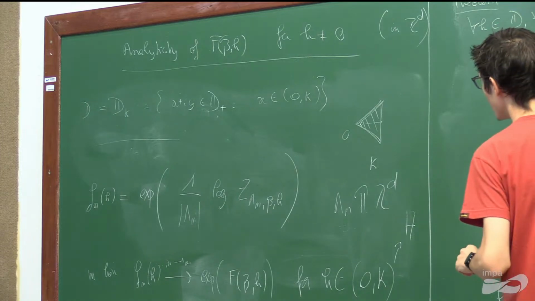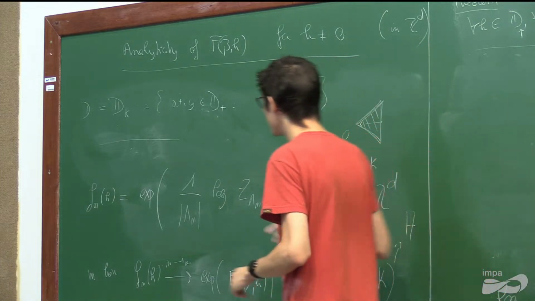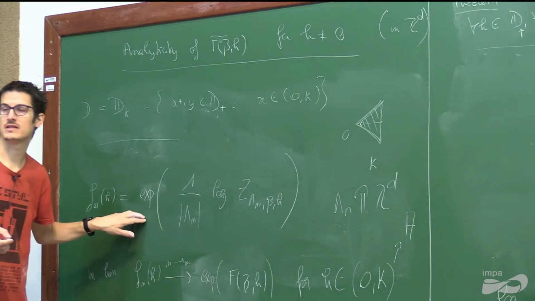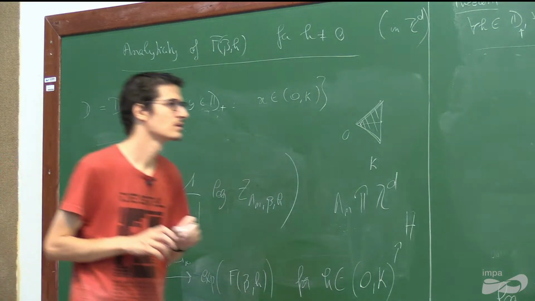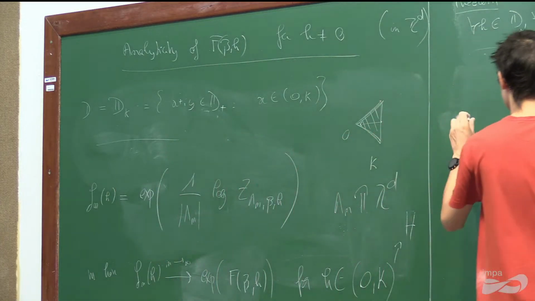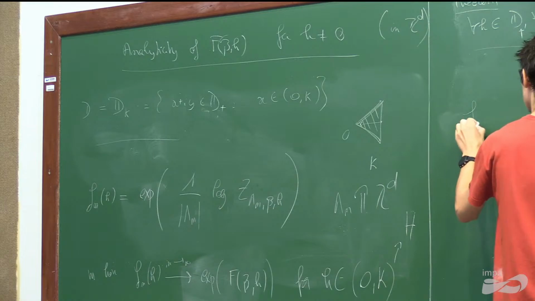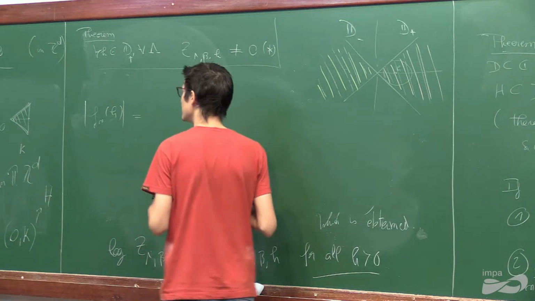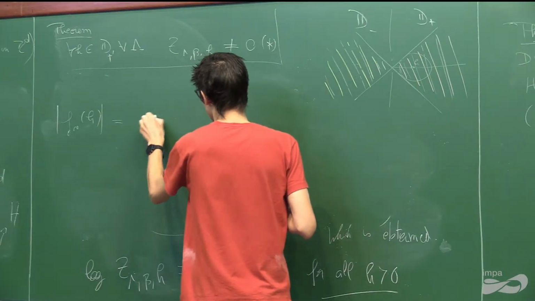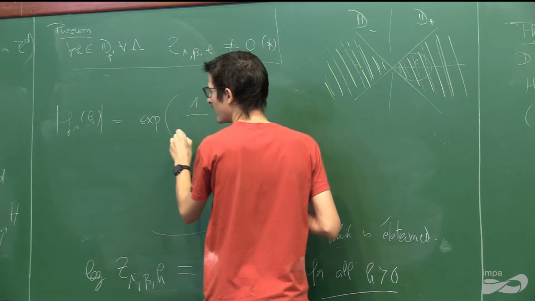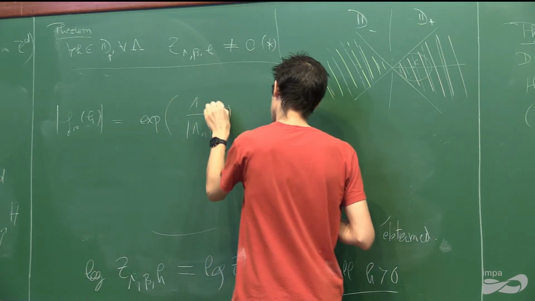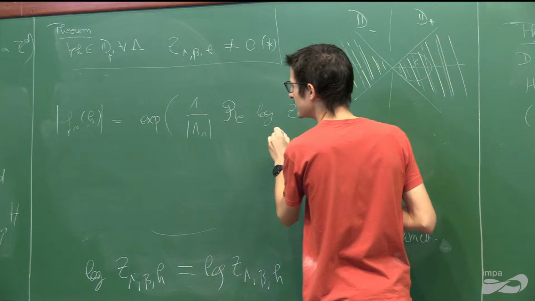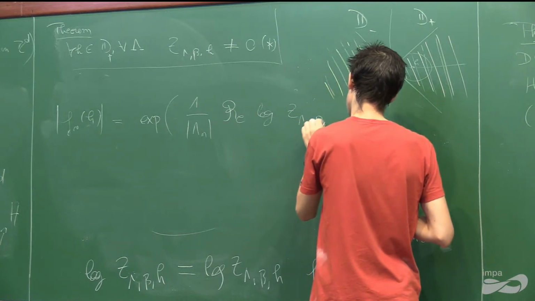Okay, so now the boundedness is not so complicated because there is no difficulty in computing the modulus of this. So the modulus of Fn of h is equal to the exponential of the real part of log of z lambda n beta h.